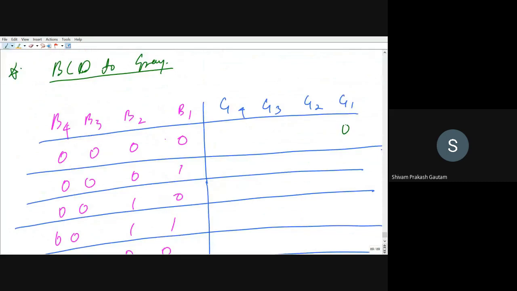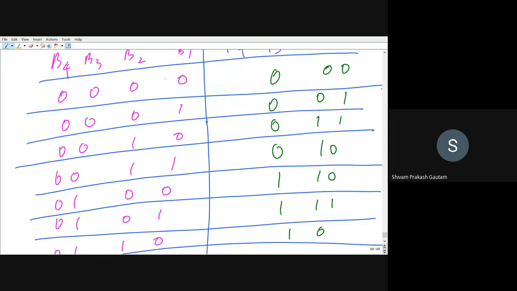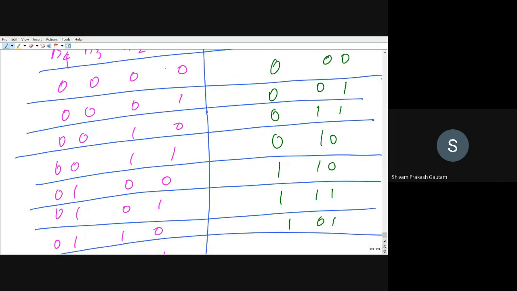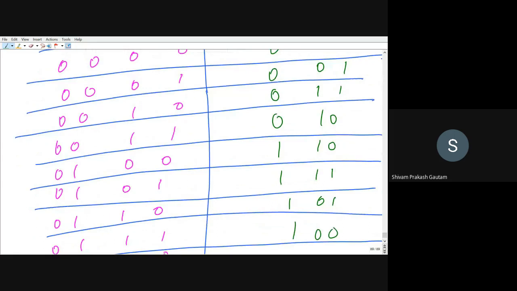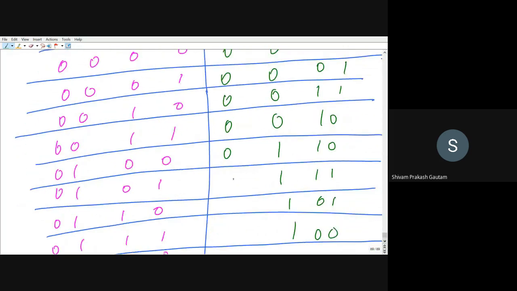So I can write here for 1 bit 0, then 1, then for 2 using 2 bit 00, 01, 11, 10, and for 3 bit 000, 001, 011, 010, 110, 111, 101 and 100. Then 4 bit 0000. Are you getting how I'm drawing the gray code?